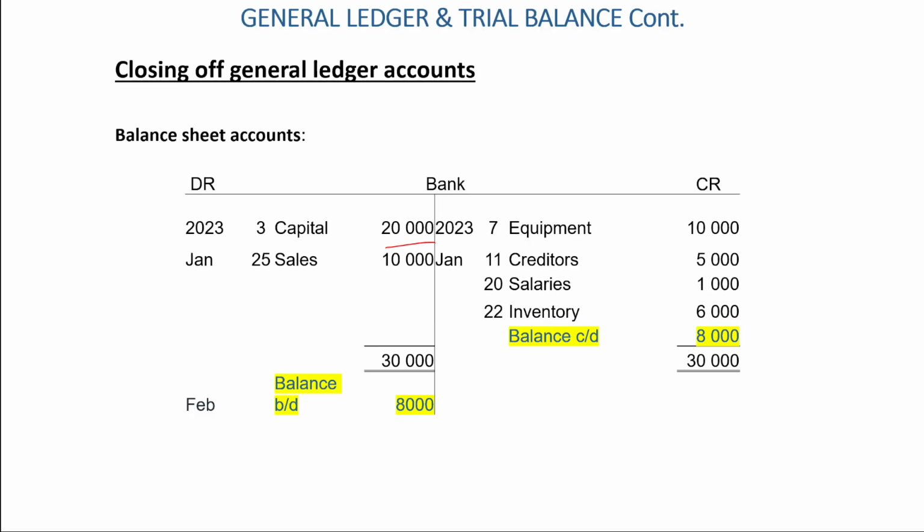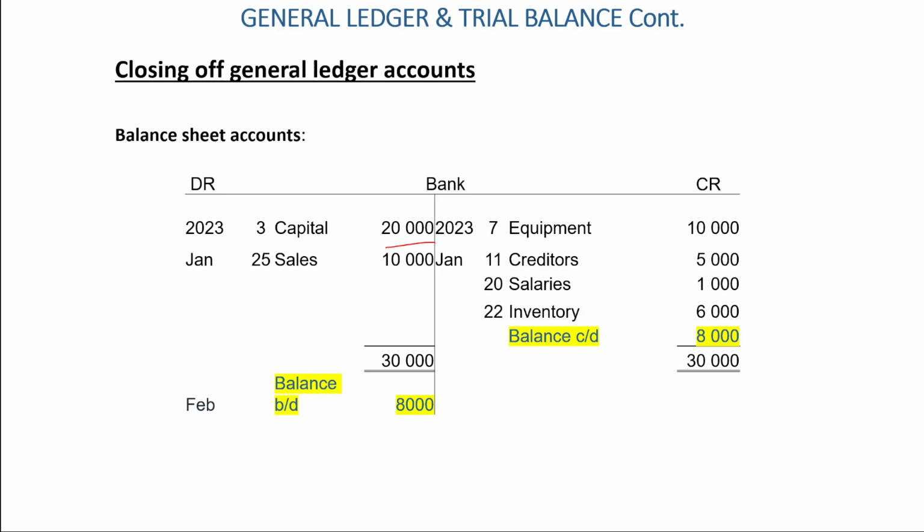On this side, the total is short of the debit side. So we're going to add everything over here and subtract it from the total. And then we're going to have a balance carried down of 8,000. So this means that on our bank account by the end of the month, we had a carried down balance of 8,000.